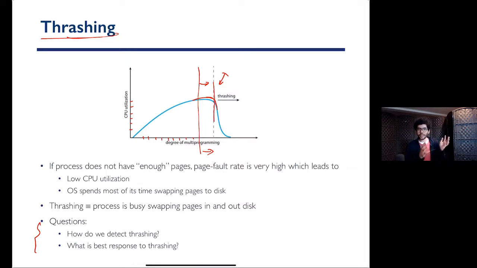It's not blocking, it's called swap. So you swap the entire process out. You say, okay, I'm not going to run you because I don't have enough memory. And by doing that, you're hoping to recover from this thrashing.